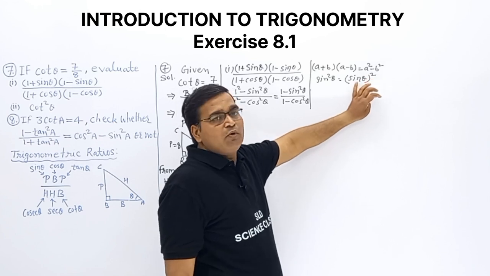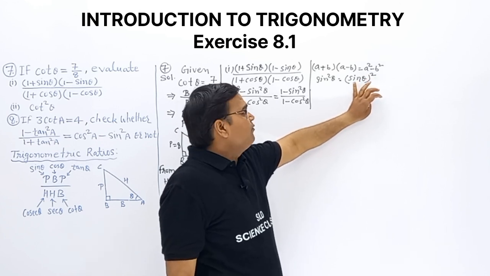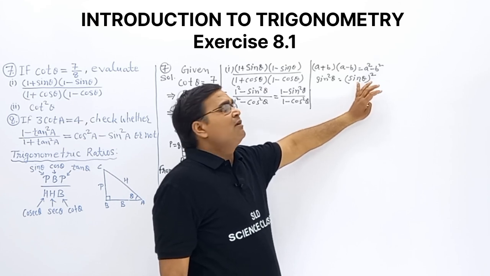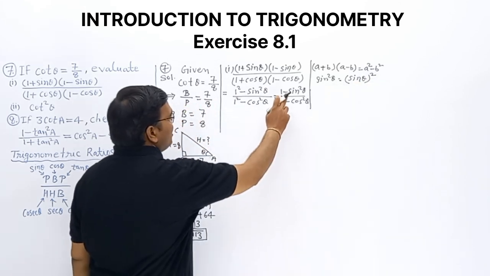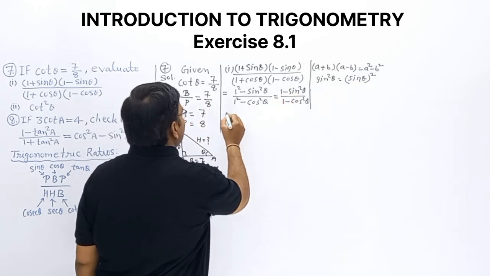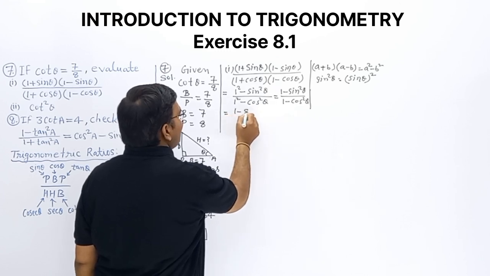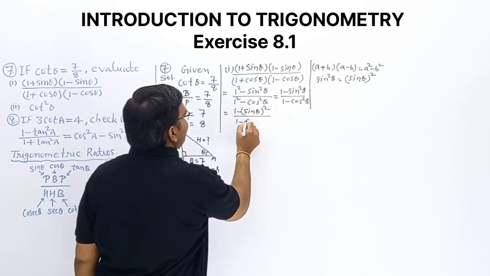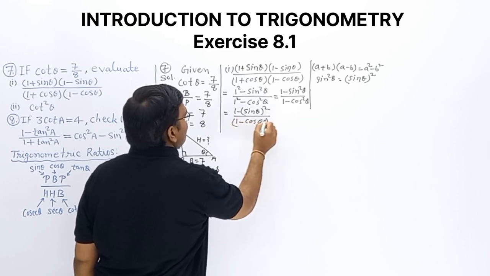So once we know the value of sin theta, we put it there and square it, and that will be the result. So this can be written as (1 minus sin theta) whole square upon (1 minus cos theta) whole square.